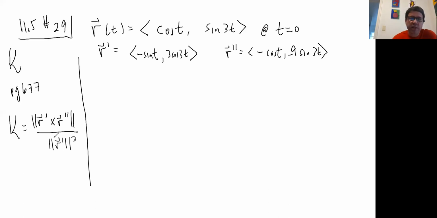So all we need to do is just figure out the length of r prime, that goes on the bottom, and then find the length of r double prime cross r prime, and that goes on the top. So to jog your memory some more, the cross product of this guy, and you're like, wait, there's no k's. So realize that, yeah, there are no k's, so those components are going to be 0.